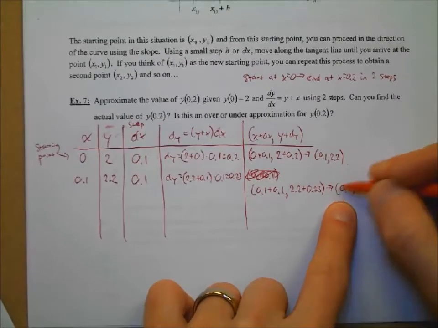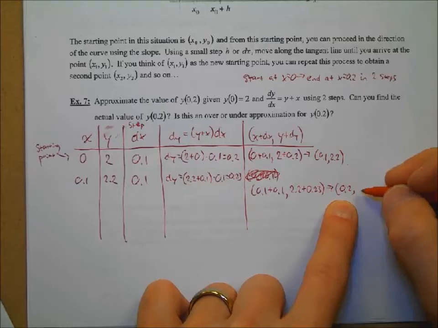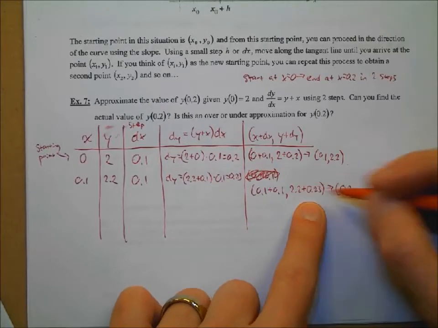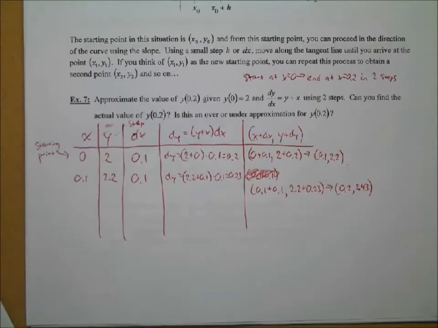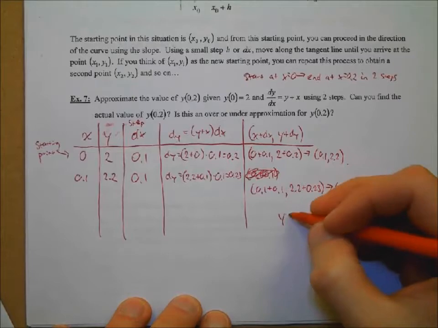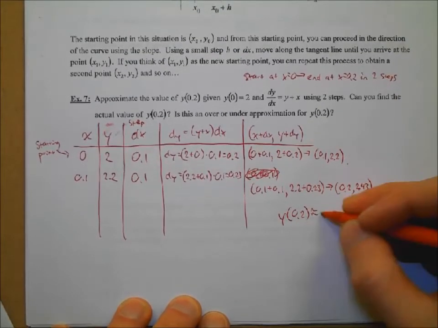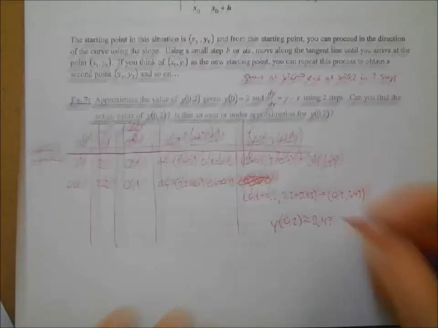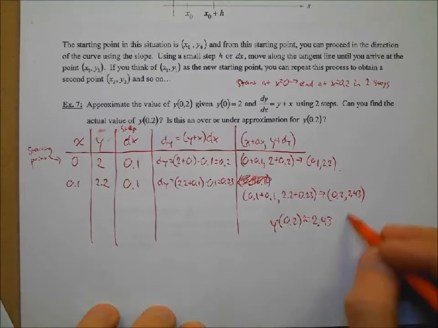We have gotten to the x value that we're trying to approximate the y value at, 2.43. And so using that approximation, we can say y of 0.2 is approximately 2.43. And that will be our approximation.